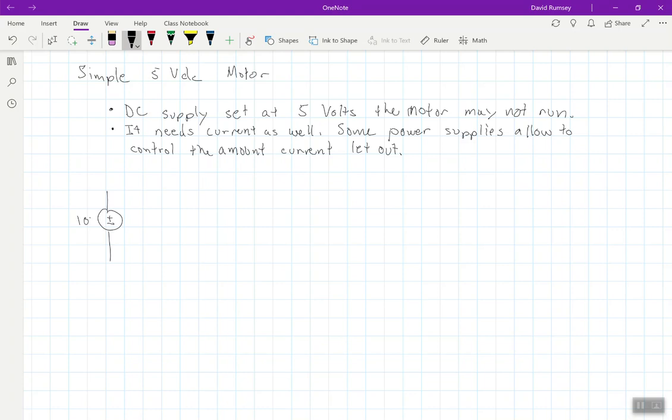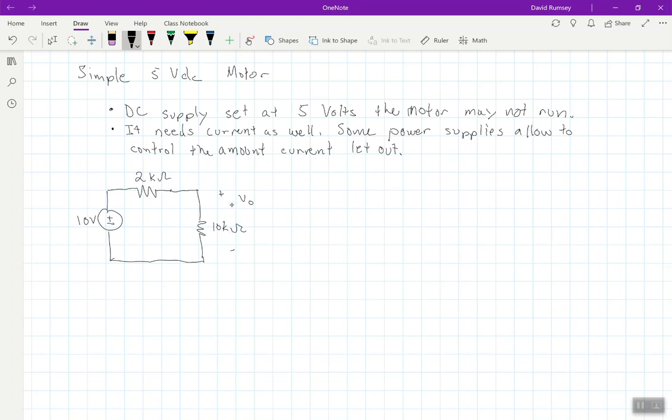And this is going to just be a 10-volt power supply. And this is going to be a 2 kilo ohm resistor, and then a 10 kilo ohm resistor, and this is what's going to be my output.